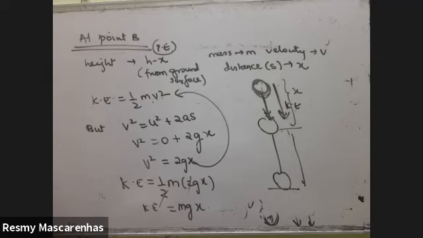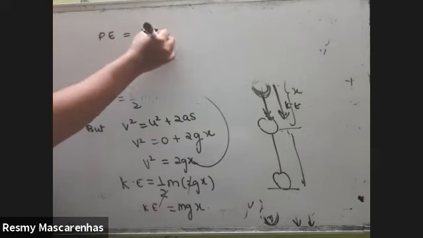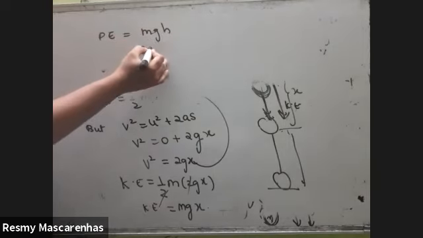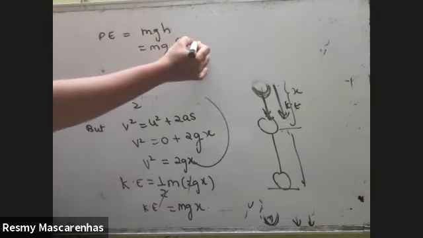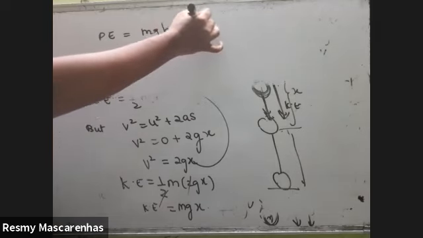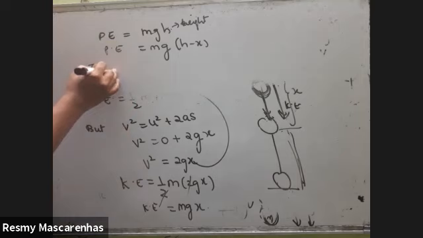Now we'll calculate potential energy. This was for kinetic, now potential. That is mgh, where h means height. So how much is the height at point B? h minus x. Now add the total energy.